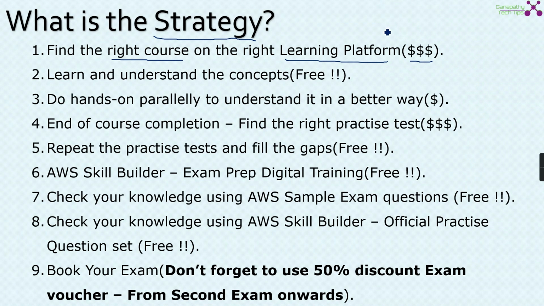That is for sure. Some of the widest learning platforms are Udemy, Cloud Guru, Pluralsight, Cloud Academy, Labs. A lot of learning platforms are available. So you need to identify the right course which has some good ratings and a decent number of people already enrolled for that course.